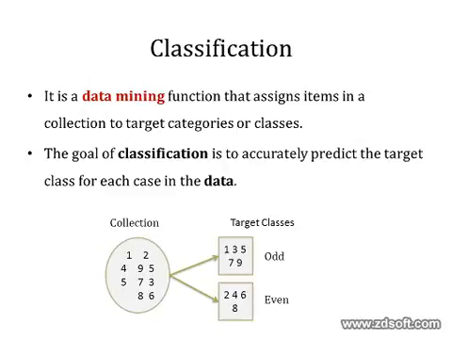Again, we can say these numbers are labeled as even class. Now if we introduce a new element 10 into our collection, the classification algorithm has to decide automatically to which class the new element has to fall under.